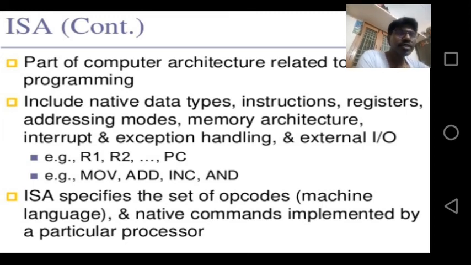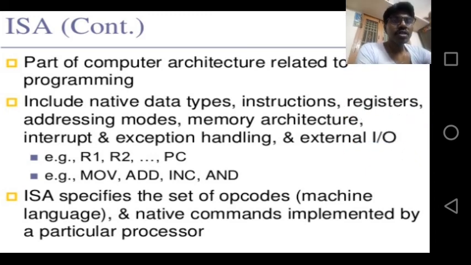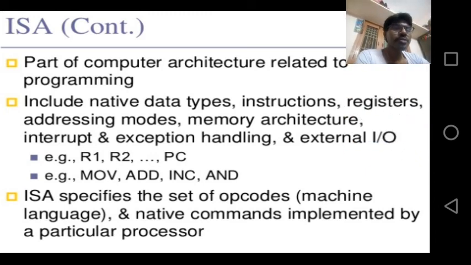So now we discuss what we are trying to say. Include native data types, instructions. So what is meant by an instruction? You know about this. Registers. So include native data types, instructions, registers, addressing modes.